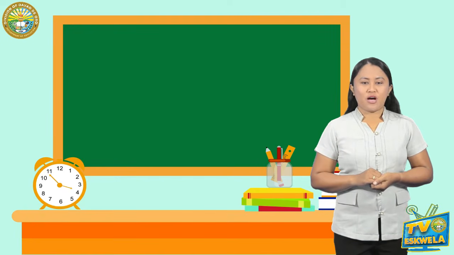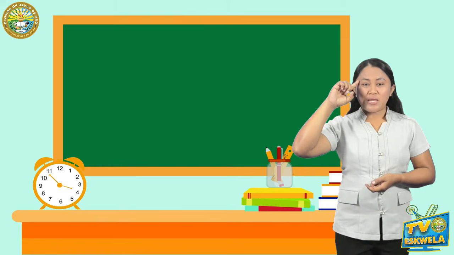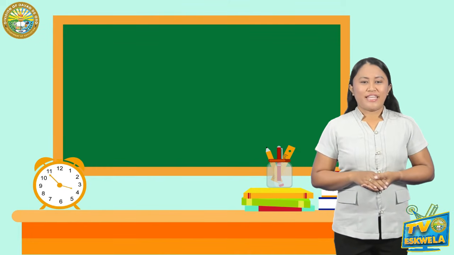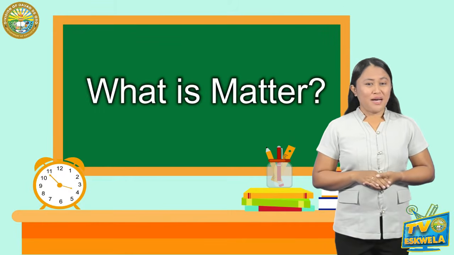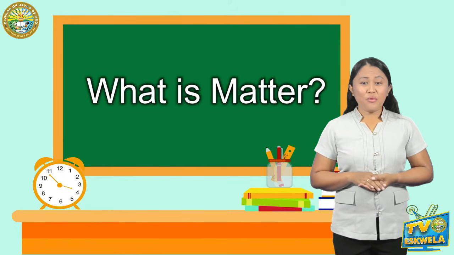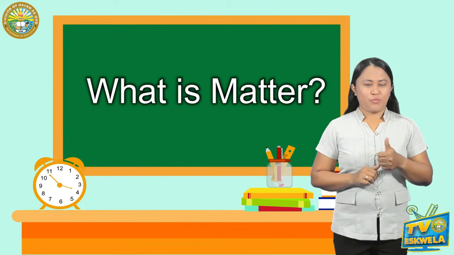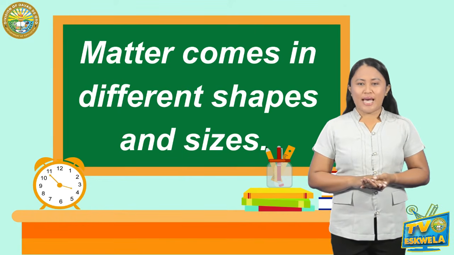Before we proceed to our new topic, do you still remember what our last lesson was? Very good! It's all about matter. What is matter? Anyone? Great! Matter comes in different shapes and sizes.